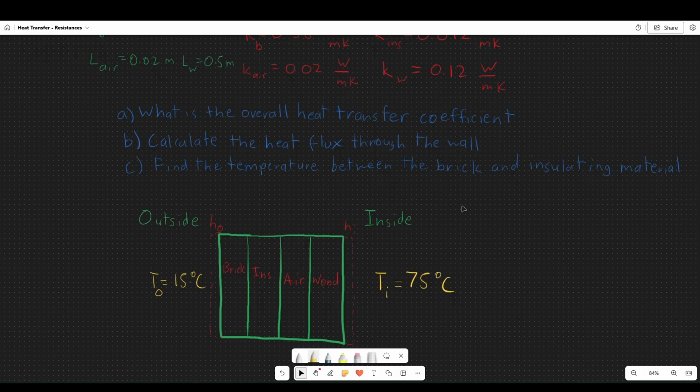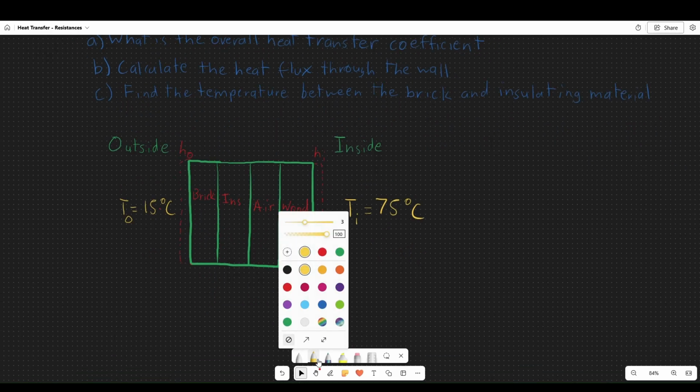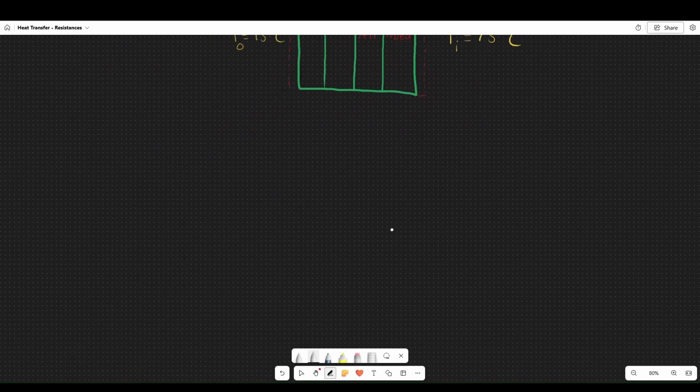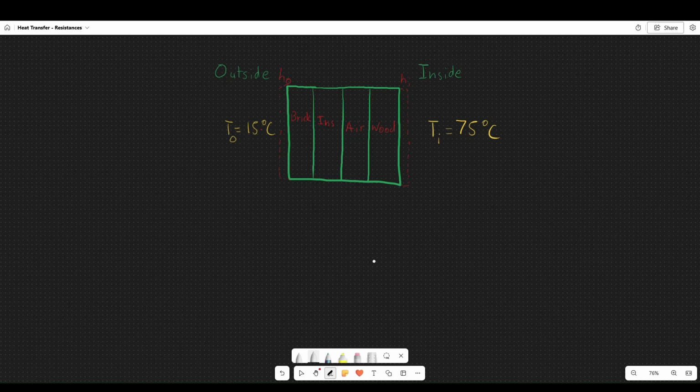Okay, so we have all that information, and now what we need to do is find what the overall heat transfer coefficient is. How do we do that? So basically, we need to start off with the main equation here. When we're asked to find the overall heat transfer coefficient, whenever you see that term, always think of U. Okay?